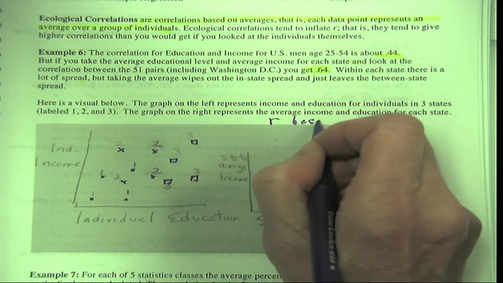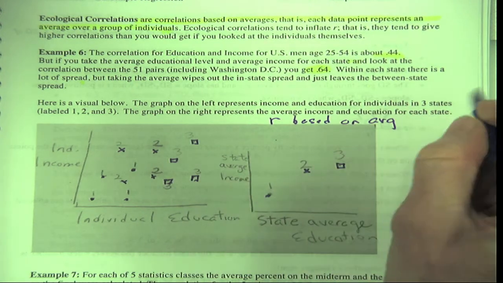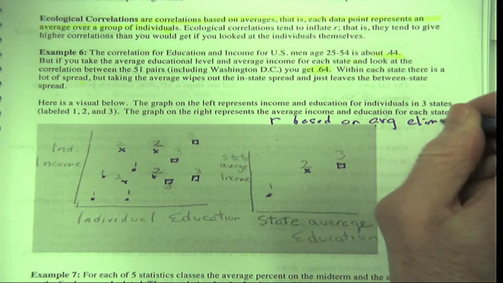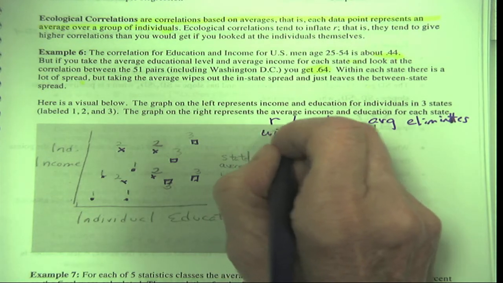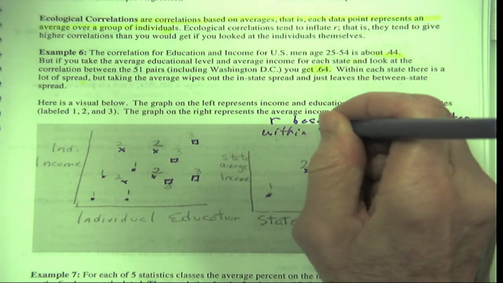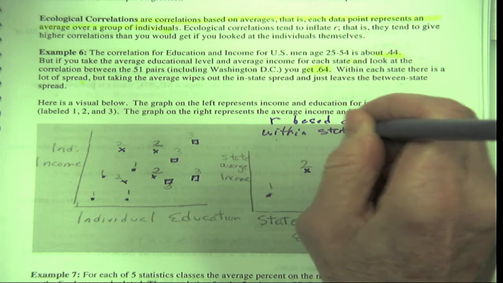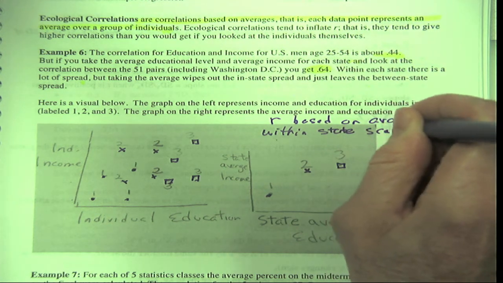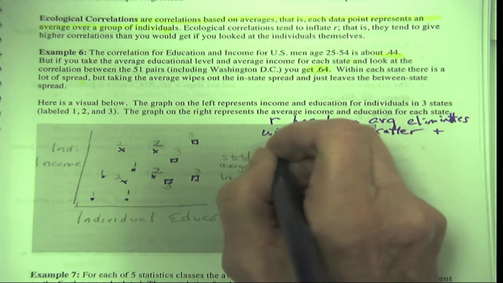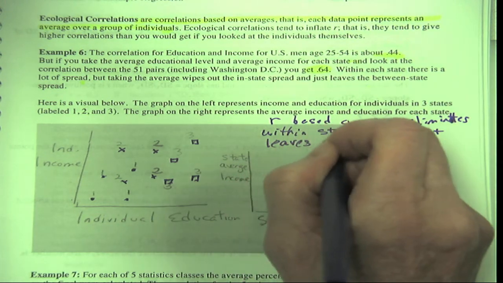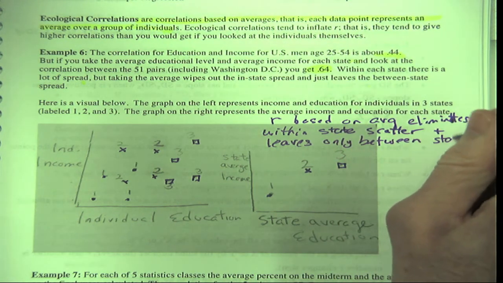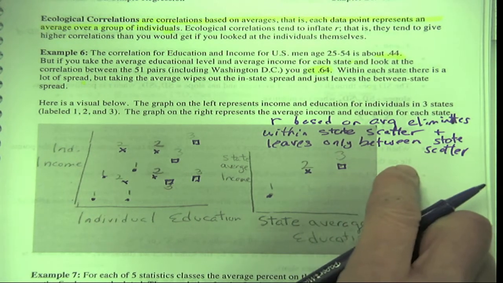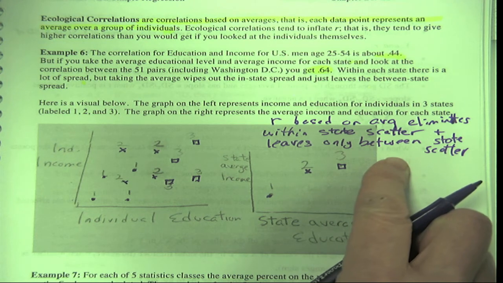R based on averages eliminates within group, within state scatter, and leaves only between state scatter. So R is usually much stronger when you do this.